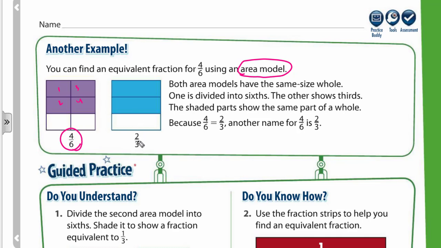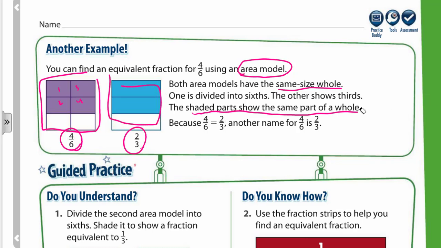And in the second one, we have 2/3, and both area models have the same size whole. One of them is divided into sixths, and the other is divided into thirds.